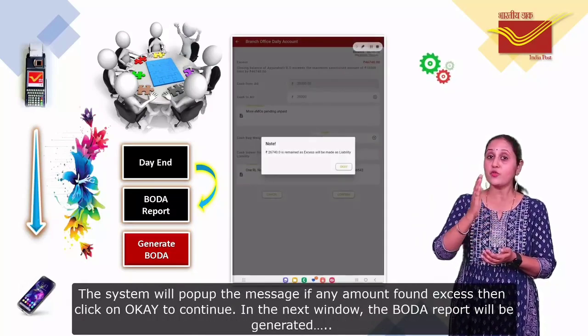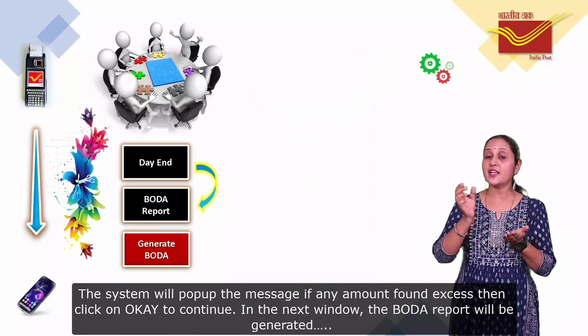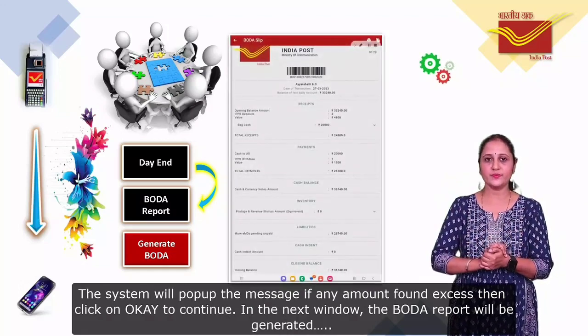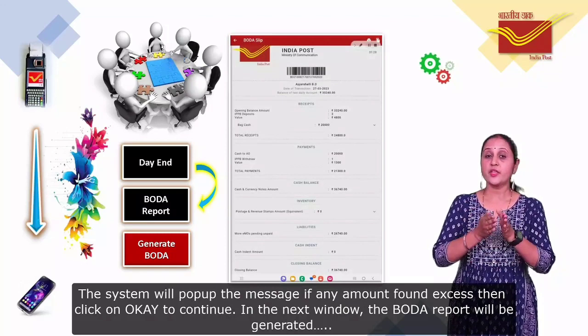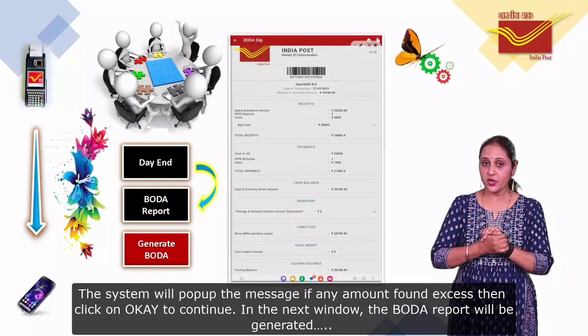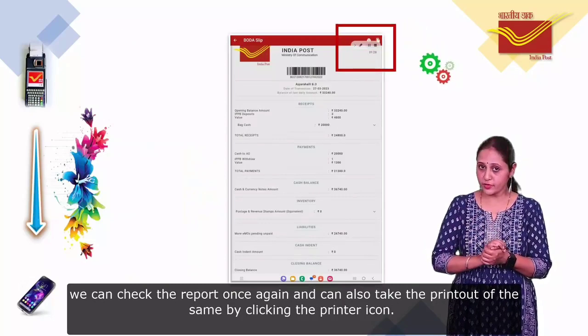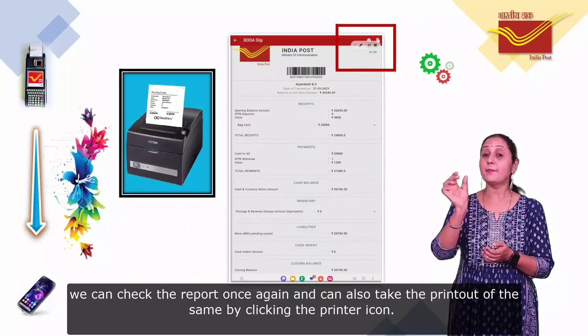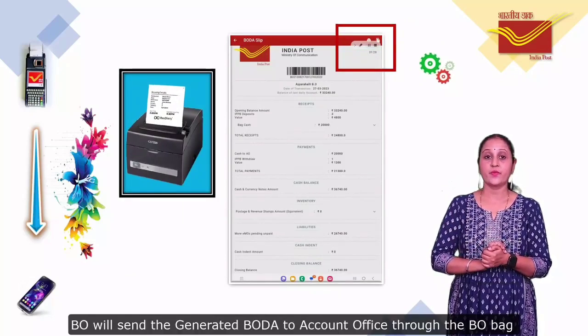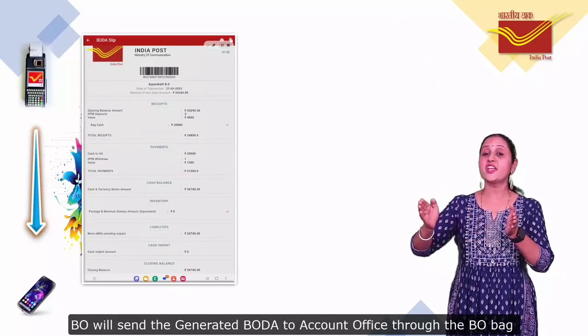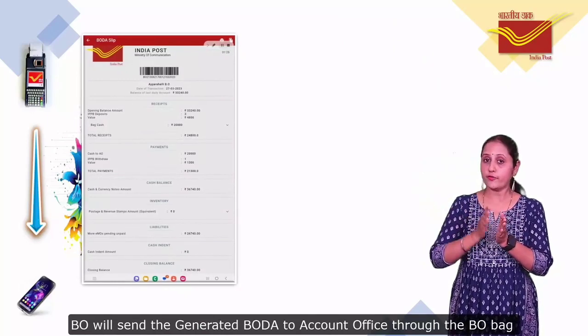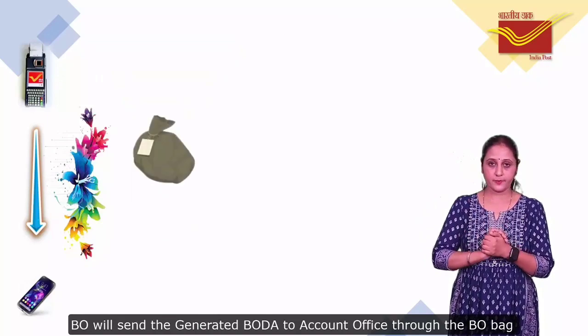If any amount is found excess, then click on OK to continue. In the next window, the BODA report will be generated. We can check the report once again and can also take a printout of the same by clicking on the printer icon. BO will send the generated BODA to the account office through the BO bag.